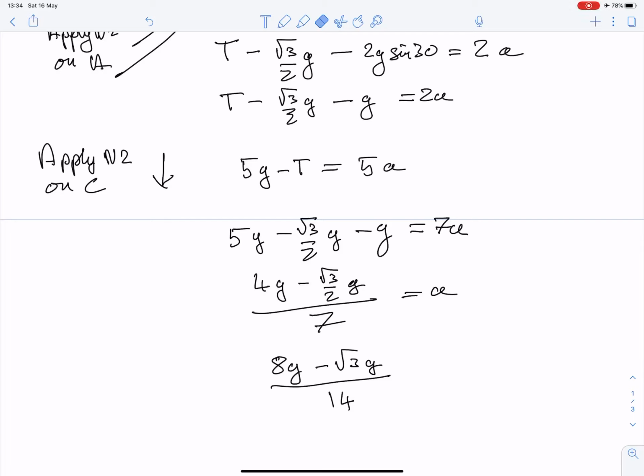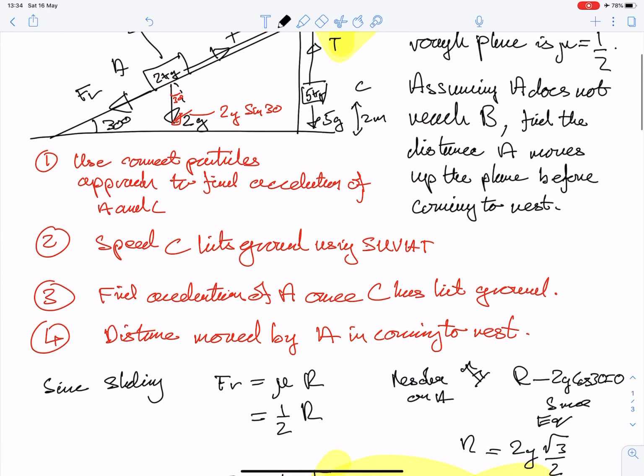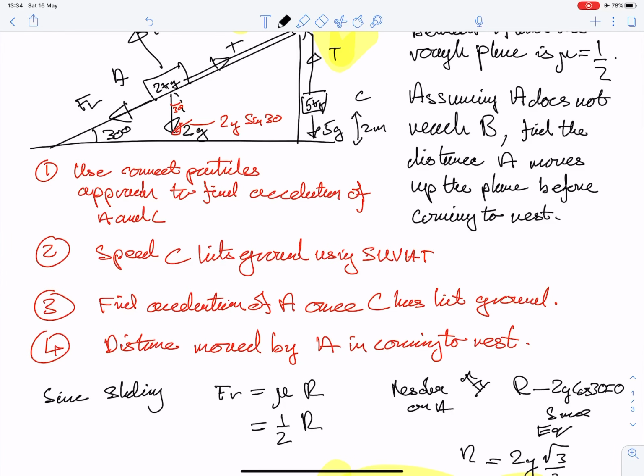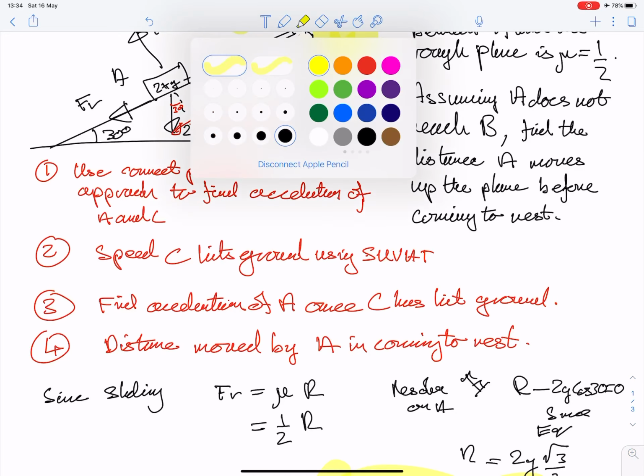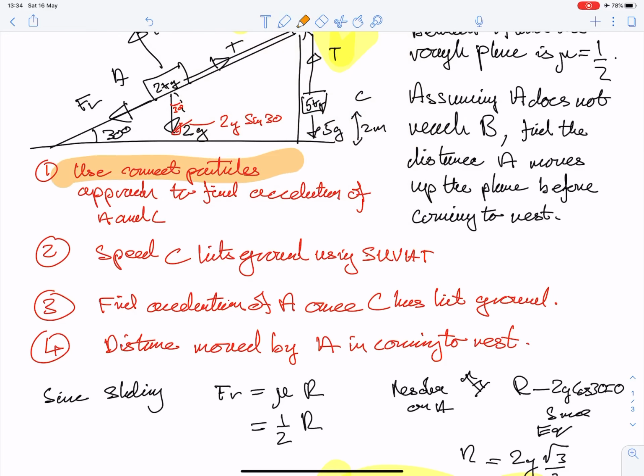So we get 5g minus g is 4g minus root 3 over 2 g, all over 7, is equal to a.